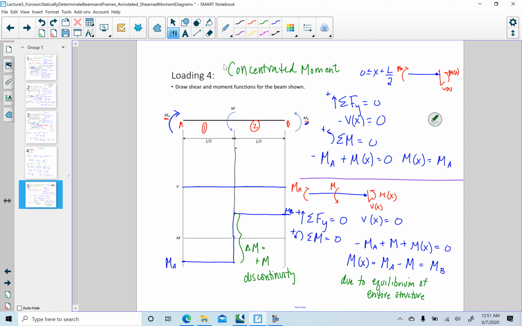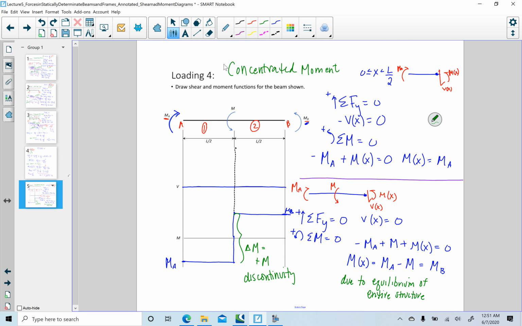And it could be positive or negative. If that was a clockwise moment being applied, it would cause your moment function at that point to decrease by M.